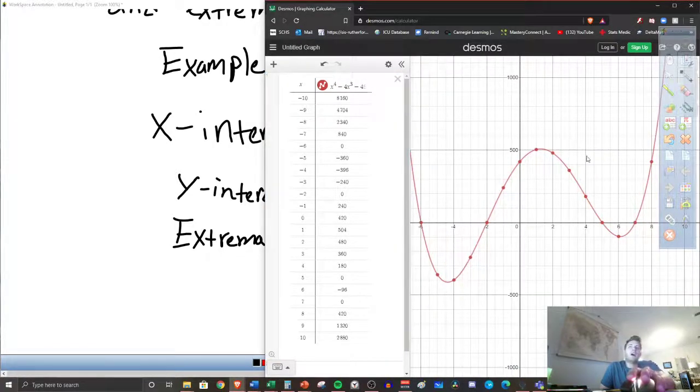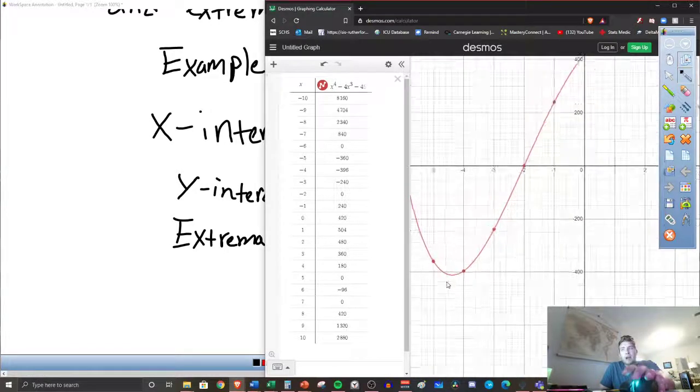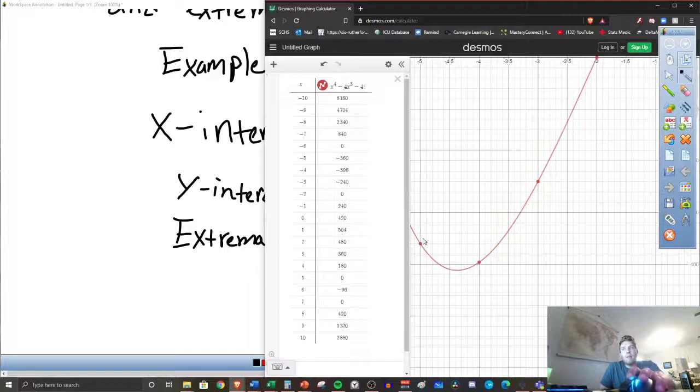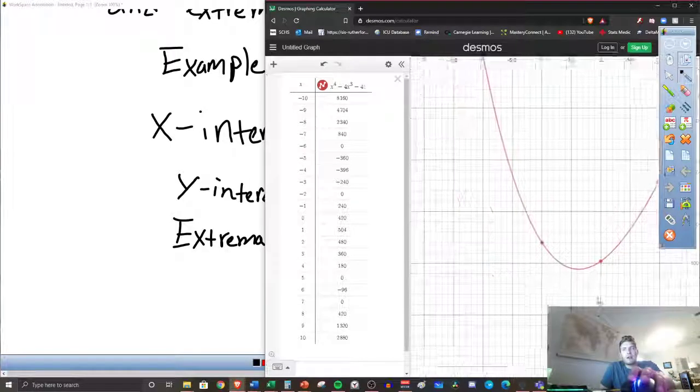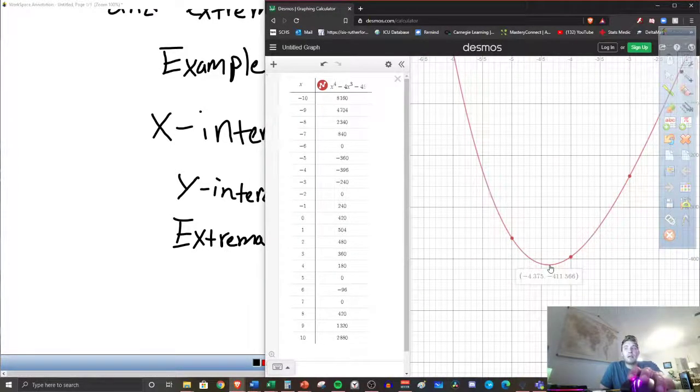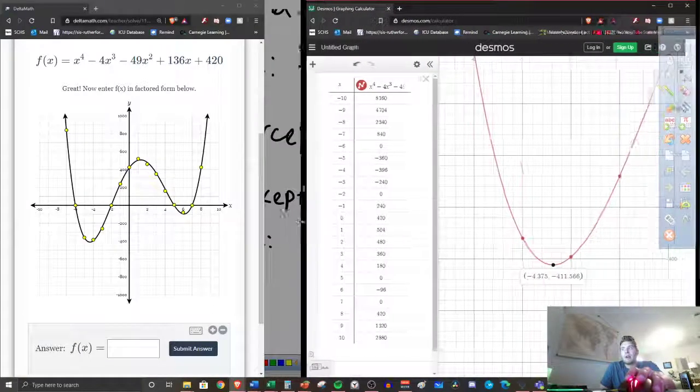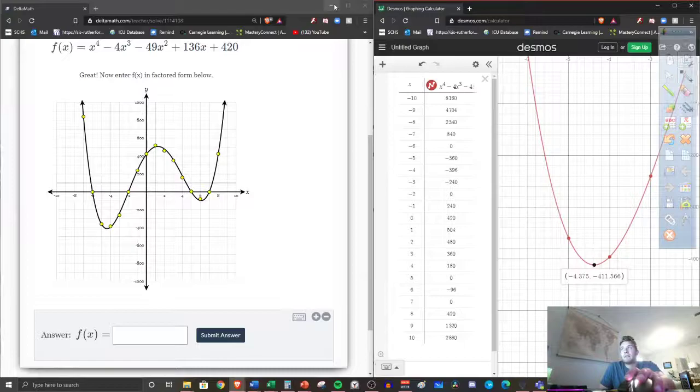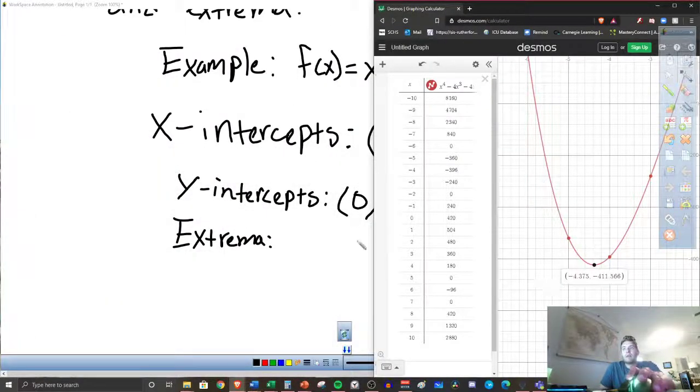It goes down, then up, then down, then back up. Right? It's sort of like a roller coaster. So on this graph, you have a minimum somewhere in here, and we call that a relative minimum, and it pops up right there for us. That's what we would call a relative minimum right there.